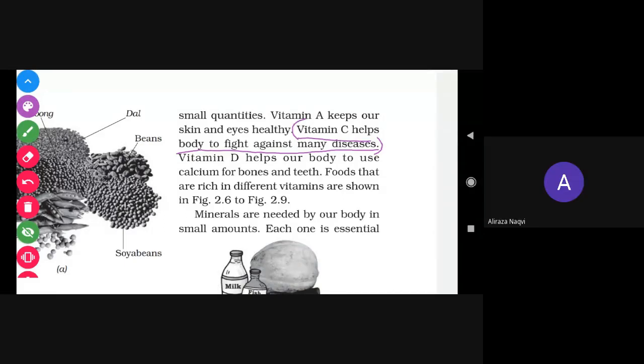Then write vitamin D helps our body to use calcium for bones and teeth.